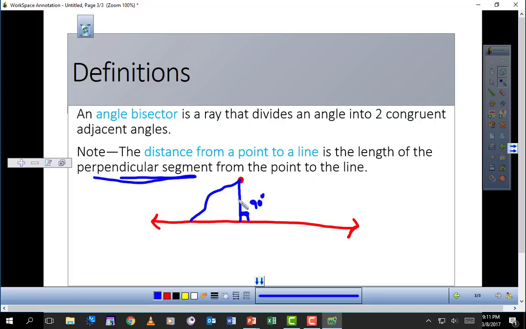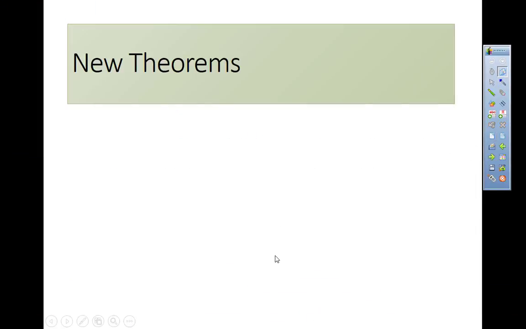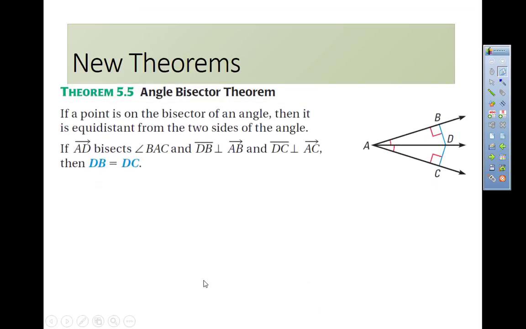So that's what we'd have, something like that. Okay, well, I hope that makes sense. So let's keep moving. Here's a new theorem then. The angle bisector theorem. If a point is on the bisector, that's somewhere on this bisector, then it is equidistant from the 2 sides of a triangle.